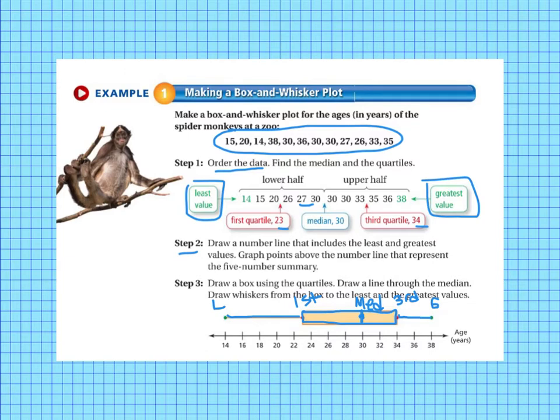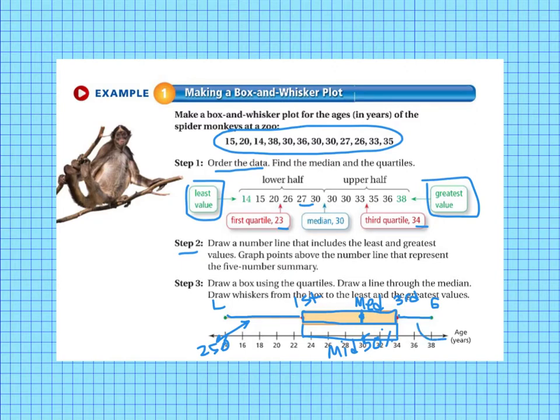From the least to the first edge of the box, that is the least or the lowest 25% of the data. It's really hard to write that. And inside the box is your middle half. So it's your middle 50% of the data.